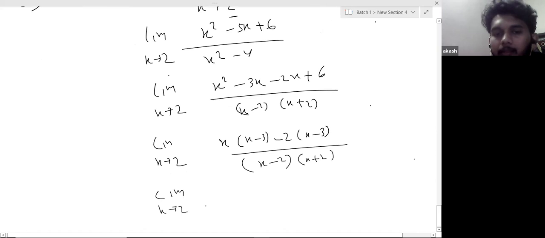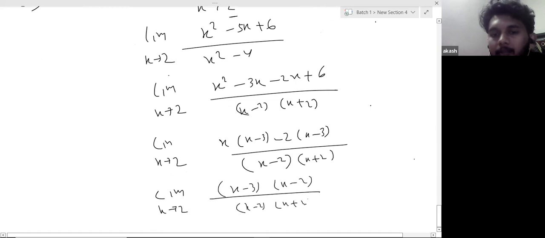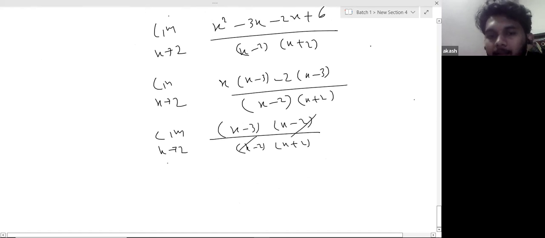So limit x tending to 2, x minus 3 common, so x minus 2 into x minus 3 upon x minus 2 into x plus 2. This is cancelled. All right, now the factor that was making the denominator 0 is cancelled. So now we can directly put the value of x as 2. So 2 minus 3 is minus 1 upon 4. So the answer is minus 1 upon 4.